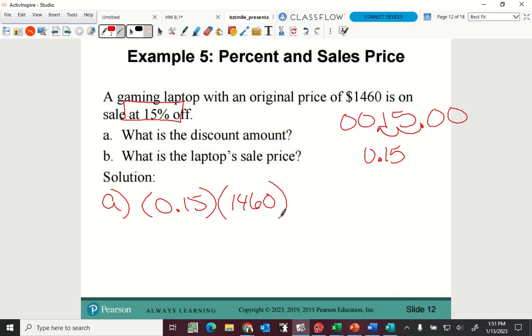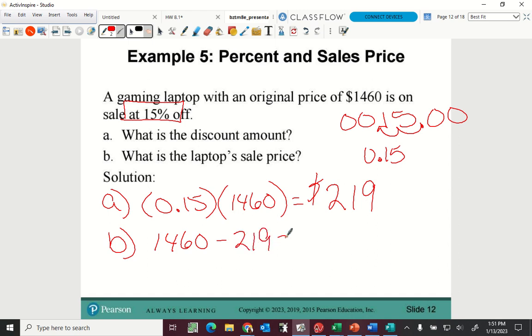Alrighty, let's see. What's my discount going to be? 219? Yes, sir. Since it is a discount, I'm going to take that away from my original price. So for part B, it's going to be $1460 minus the discount, and so the new price.